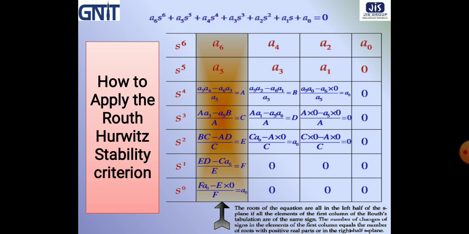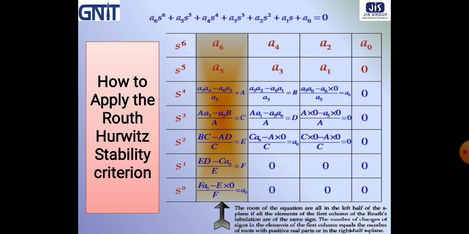When the system becomes unstable, that means there are one or many poles present in the right half of the S-plane. How many poles are present in the right half of the S-plane? We find this by seeing the number of sign changes.